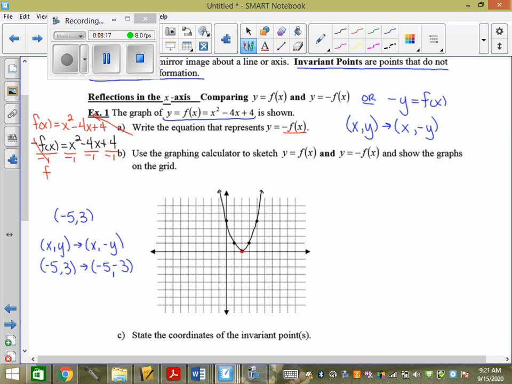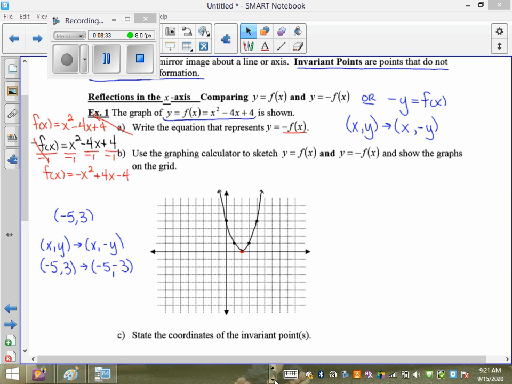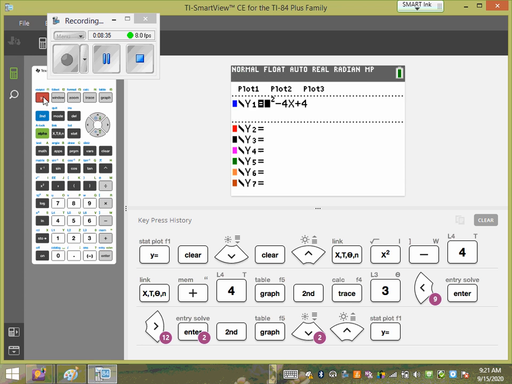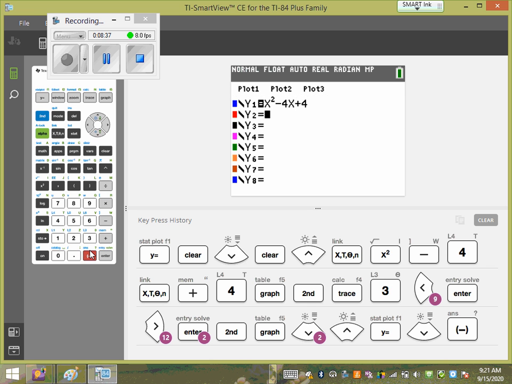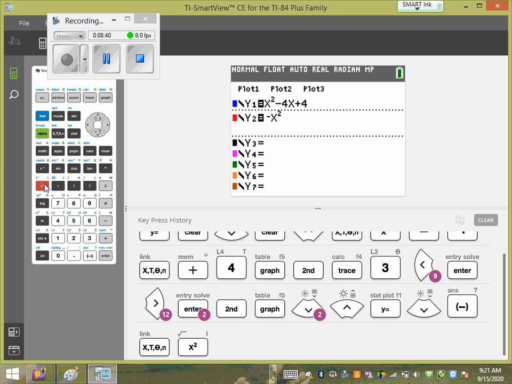So I'm going to get f of x equals negative x squared plus 4x minus 4. Which is good, because I need the quadratic to be going downwards if it's a reflection in the x, right? I need to literally mirror down. So I have negative x squared plus 4x minus 4.